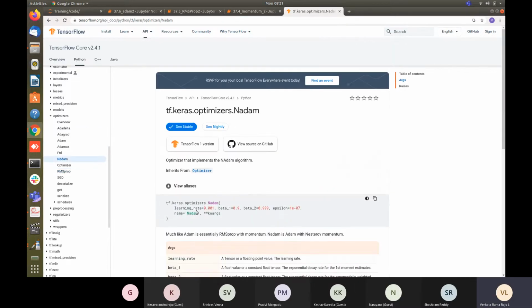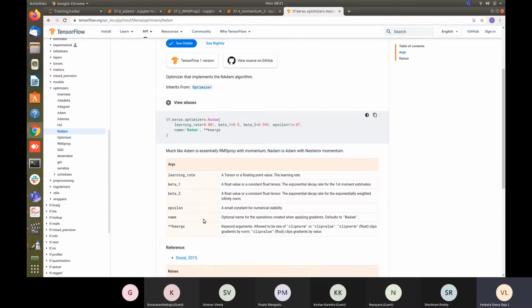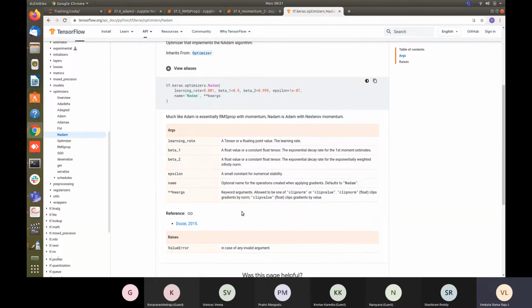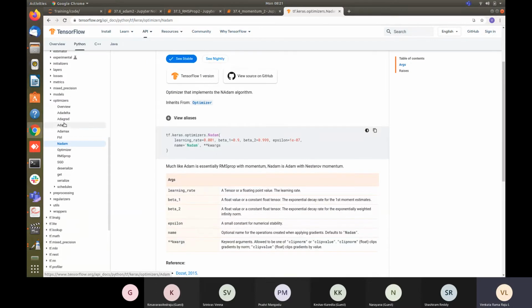In Nadam there are beta 1, beta 2, epsilon, learning rate, name, floating value, decay rate. Okay, so Adam, Adamax and Nadam are kind of the same, I think.